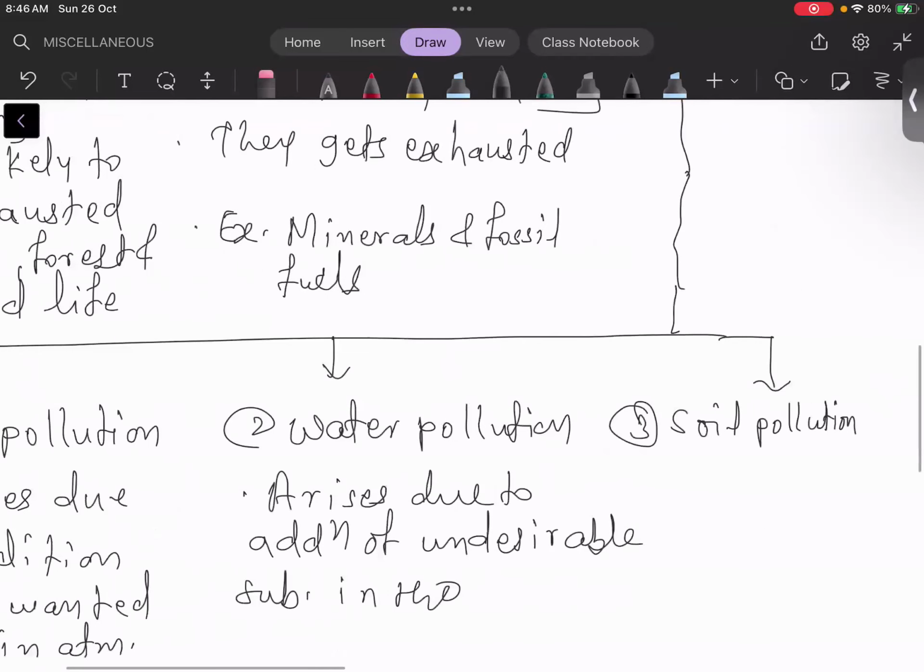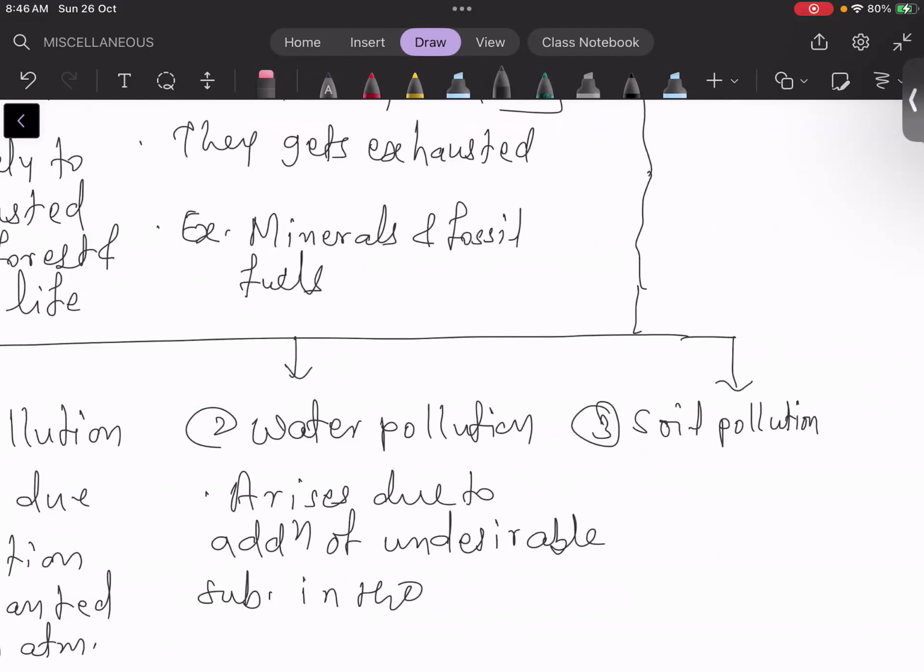Soil pollution arises because of the presence of toxic chemicals in soil, such as acidic and basic fertilizers.